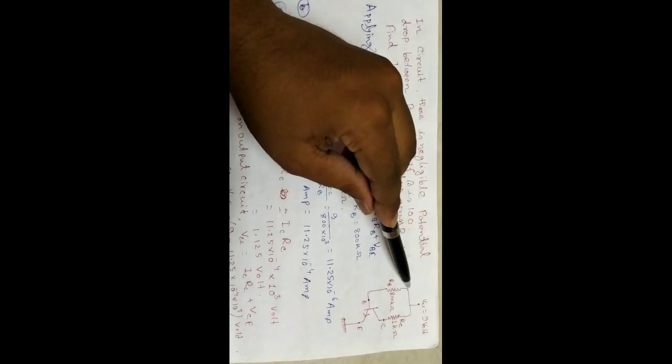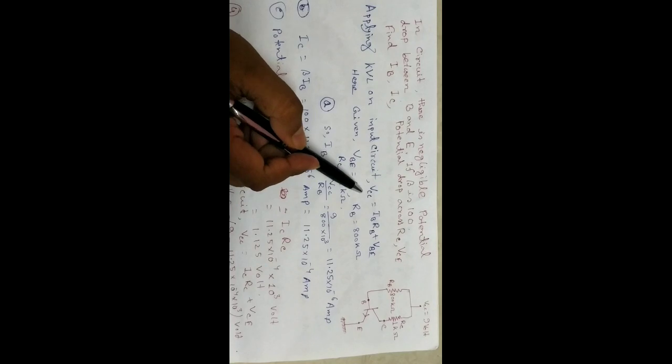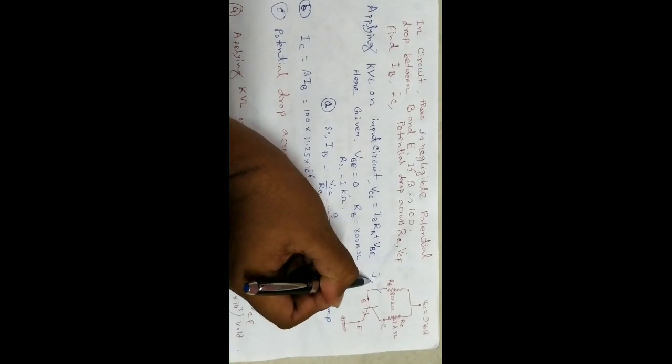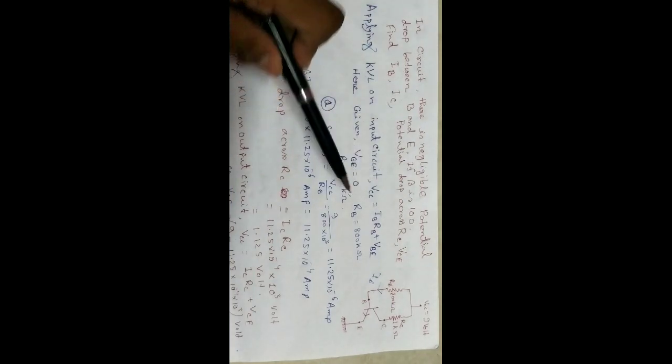If this current is IB and this current is IC, then VCC equal to IBRB plus VBE. Here VBE is 0, RB is equal to 800 kilo ohm and VCC equal to 9 volt. So we can easily find IB is equal to VCC by RB.